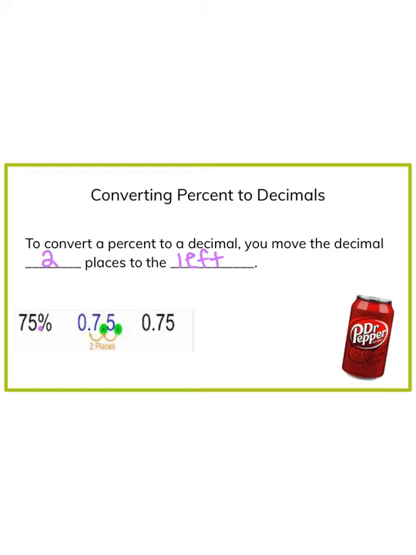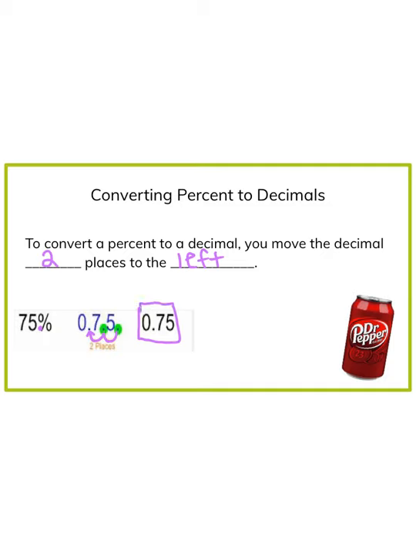So 75%, the decimal point is after the last digit on the right. Next, we need to move this decimal point 2 places to the left. 1 space, 2 spaces. So this percentage becomes 75 hundredths as a decimal.